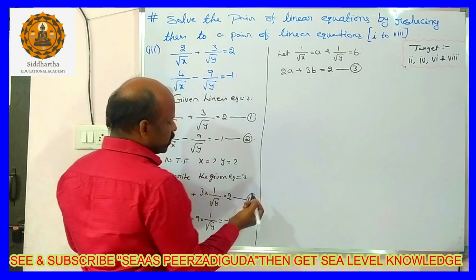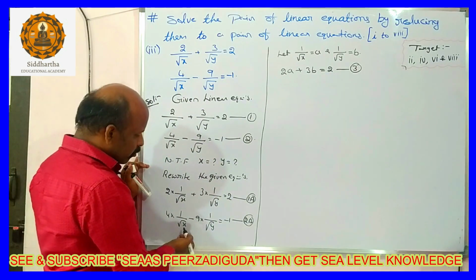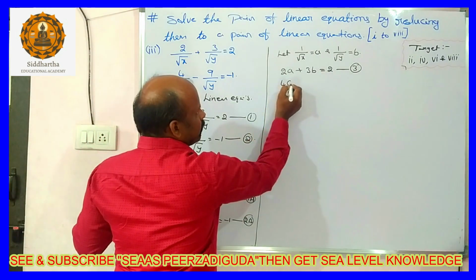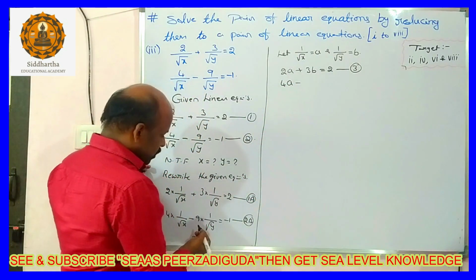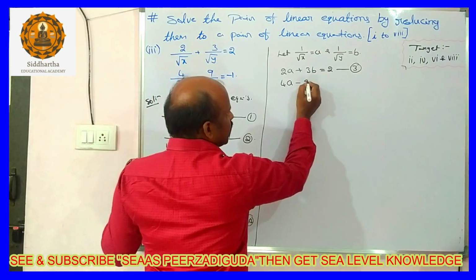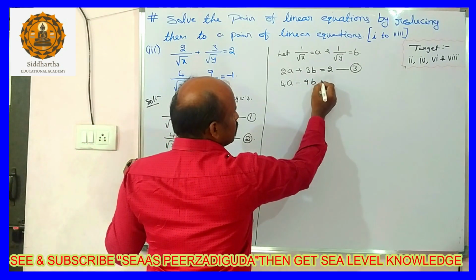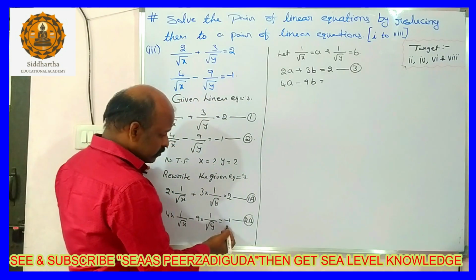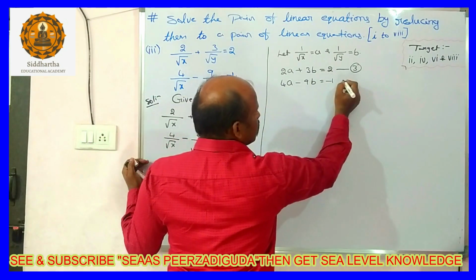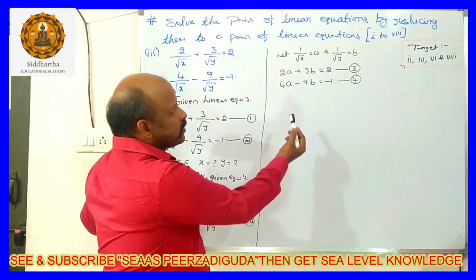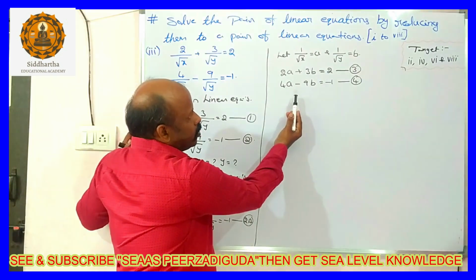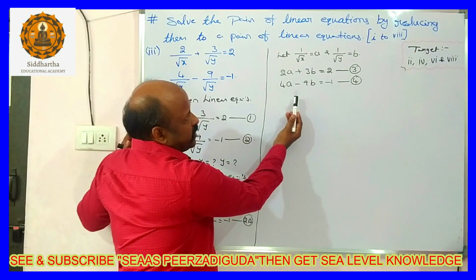After that 2a, how can I write 2a over here? 4 into a minus 9 into b is equal to minus 1. Equation number 4.